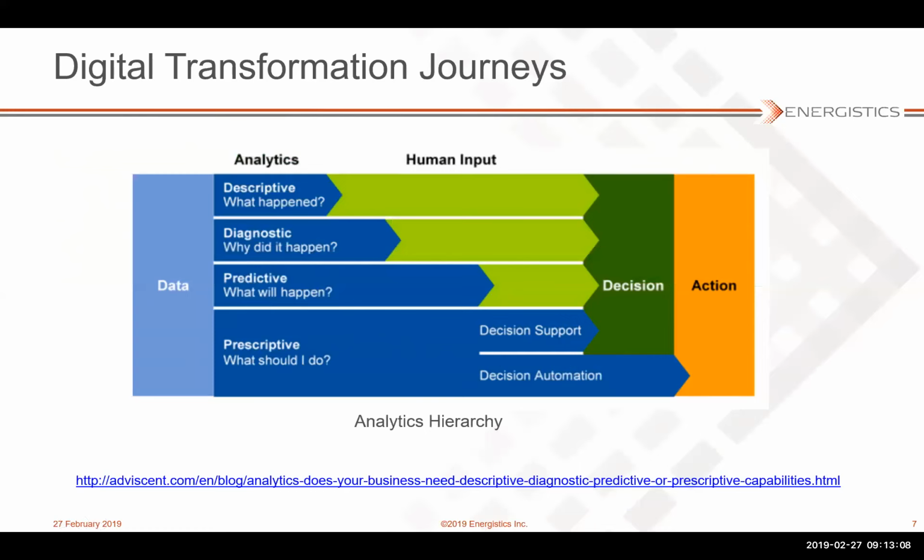A corresponding objective that a lot of organizations have, not focusing so much on the AI side, but focusing more on the analytics side and what they can do with their data, is the 4 or 5 types of analytics.